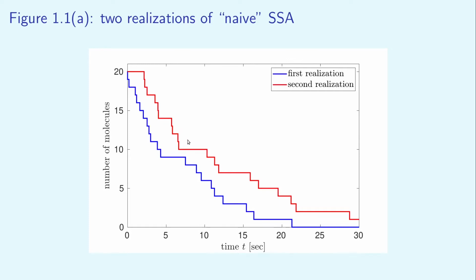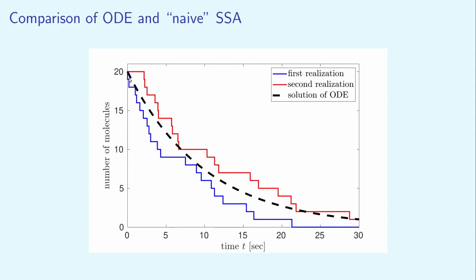It depends on the random numbers which we sampled during the simulation. In this red realization, it took a longer time to get to the final state with no molecules in the system. For comparison, I also added here the ODE solutions which we obtained previously. For this simple model, the ODE solution describes the average behavior of our stochastic model.